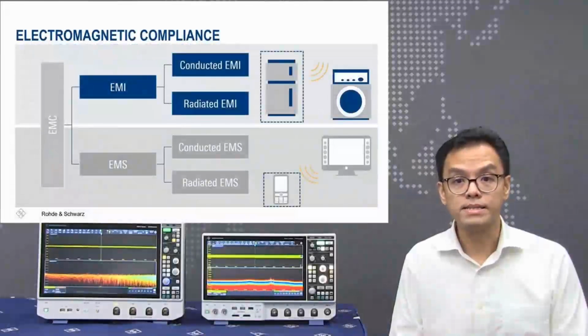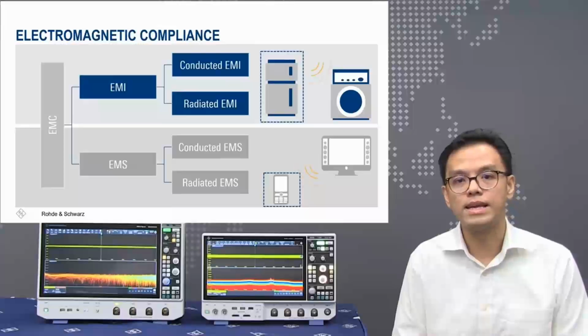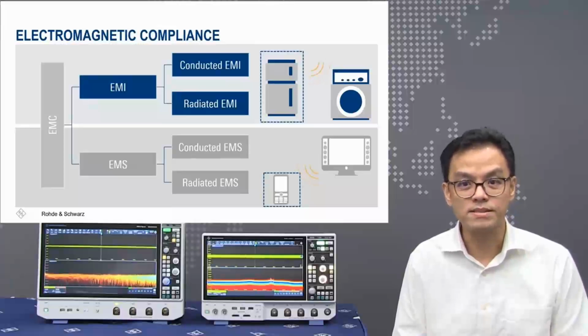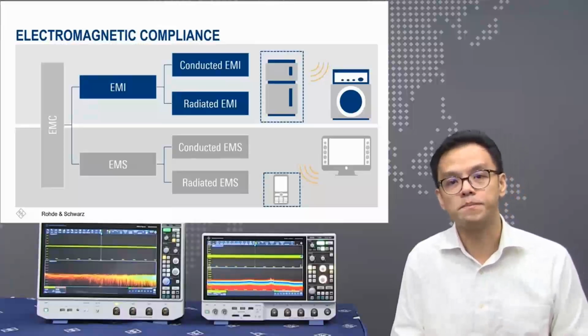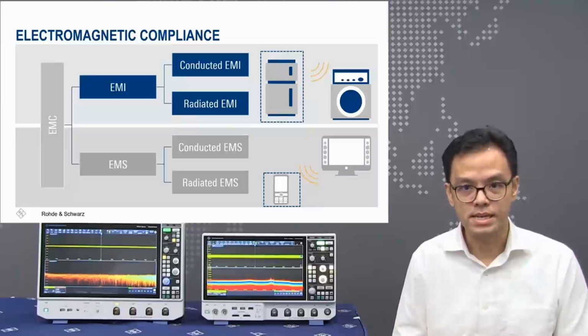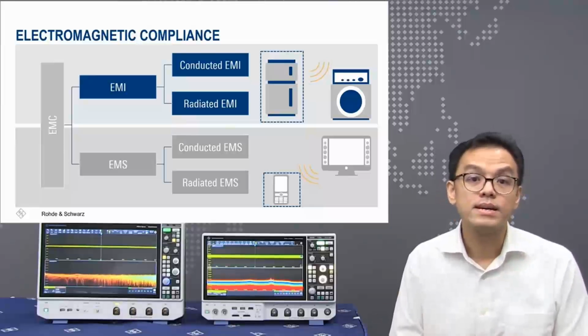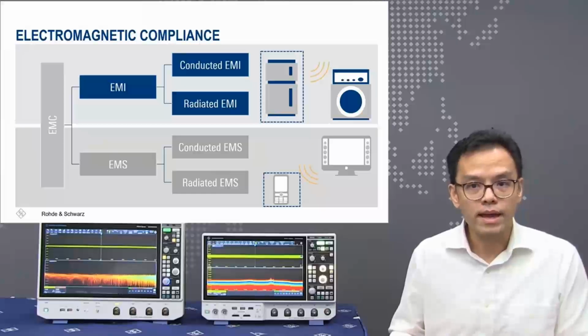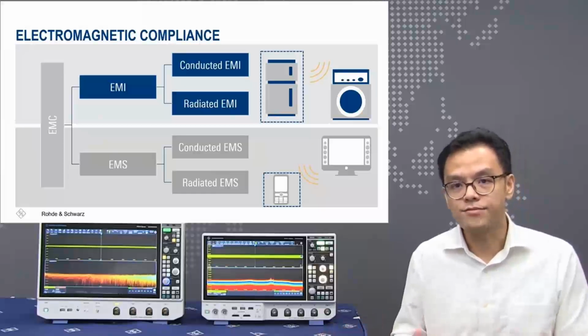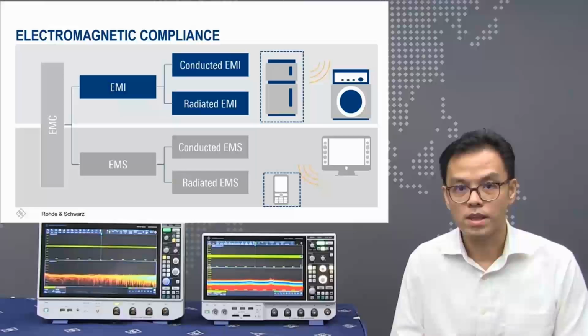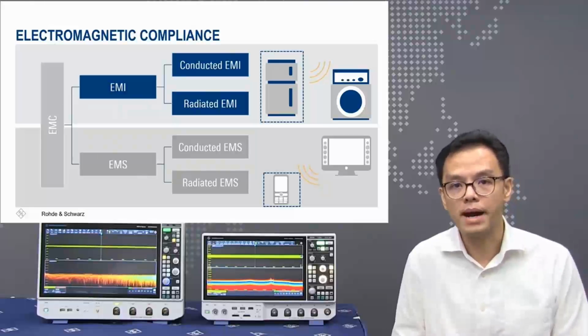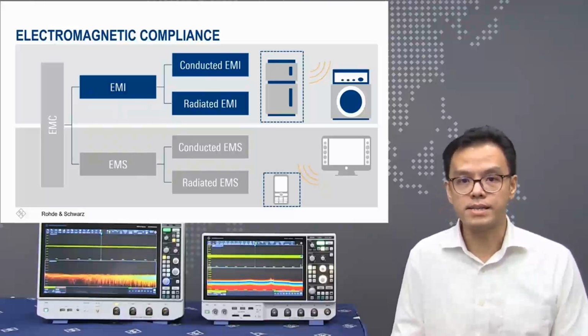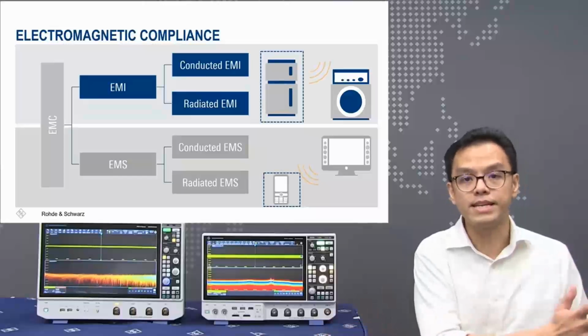EMC compliance primarily focuses on electromagnetic interference, EMI, and electromagnetic susceptibility, EMS. These are branched out to examine conducted and radiated emissions. For instance, when testing for EMI, we subject a device under test to both conducted and radiated emission assessments.